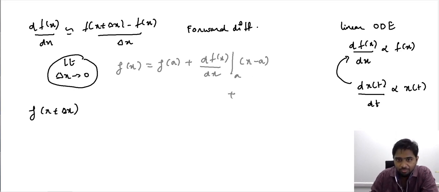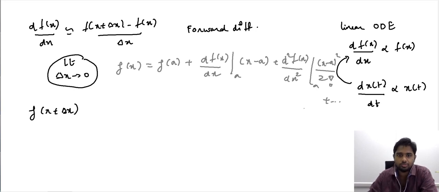Now the second term would be the second derivative of the function, again at a, and the difference squared divided by 2 factorial, and so on and so forth. So this is how we are able to expand a given function f of x based on a point a, and this is referred to as the Taylor series expansion.